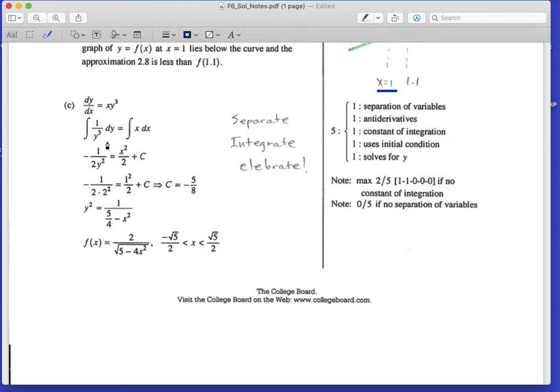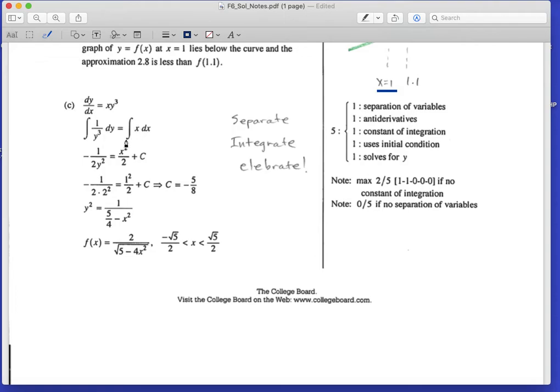Let's look at their solution. Here's the differential equation. Separating means getting all the y and dy stuff on one side, all the x and dx stuff on the other, while the dy and the dx are factors of their respective sides. So here they have it separated. They divide both sides by y to the third and sort of multiply, I'm using air quotes here, both sides by dx.